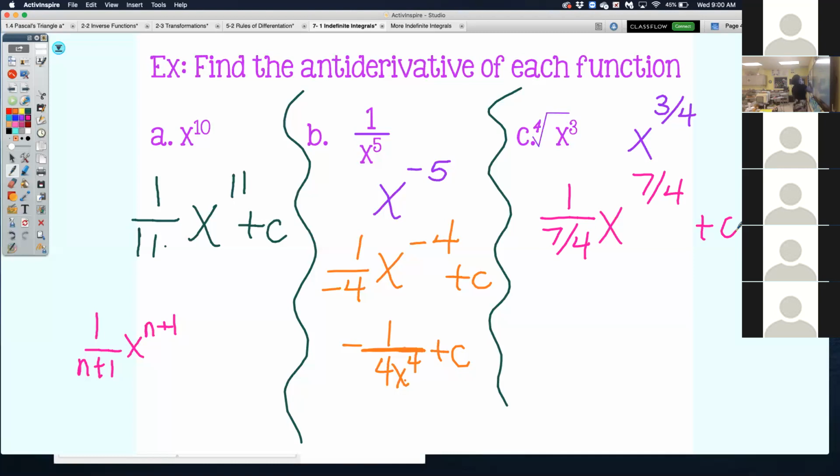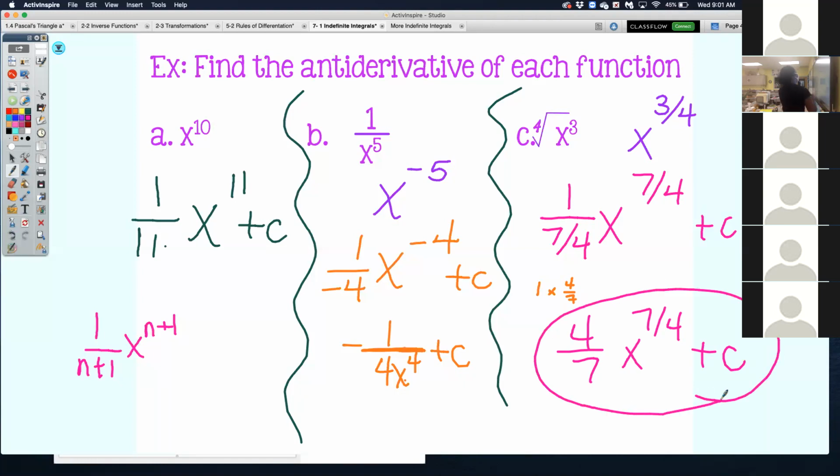So I'm going to keep the 1, change the division to multiplication, and then flip that 7/4 to get 4/7. So then my coefficient actually is going to be 4/7 x to the 7/4 plus c. And that is the antiderivative of c.